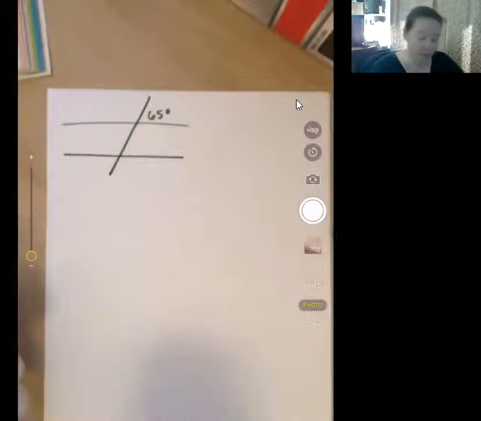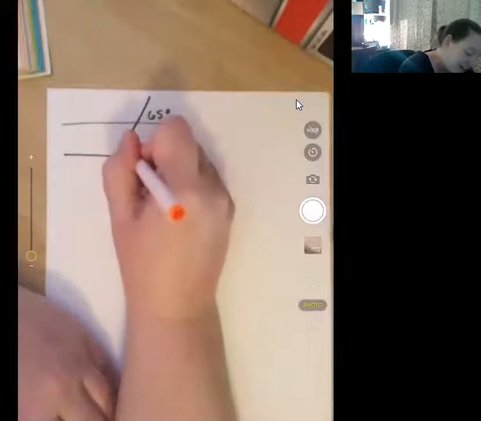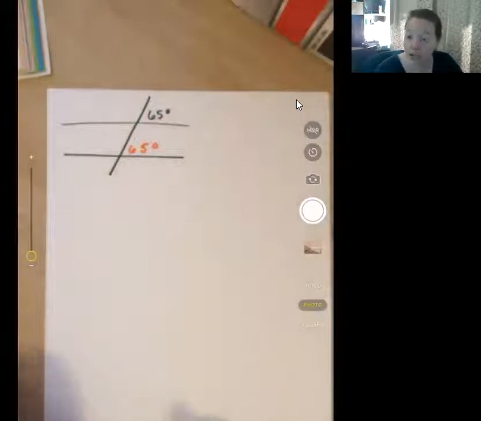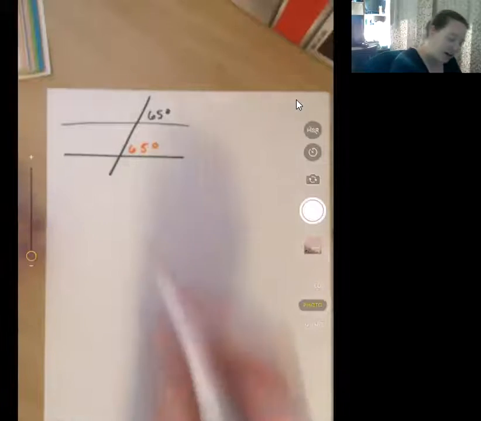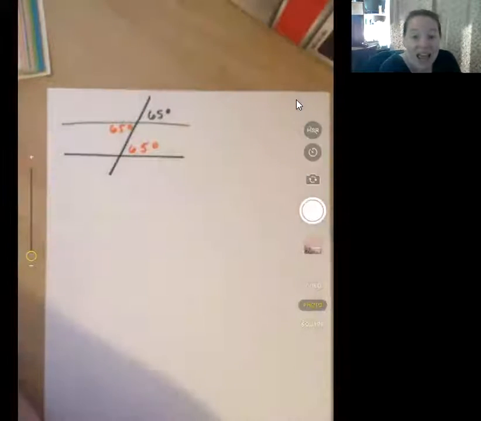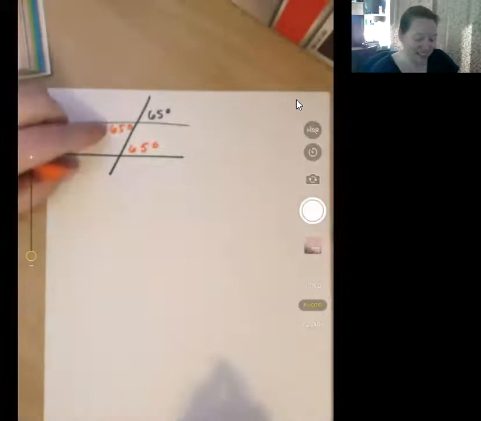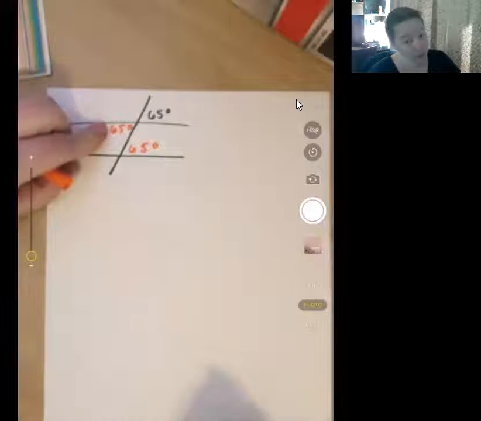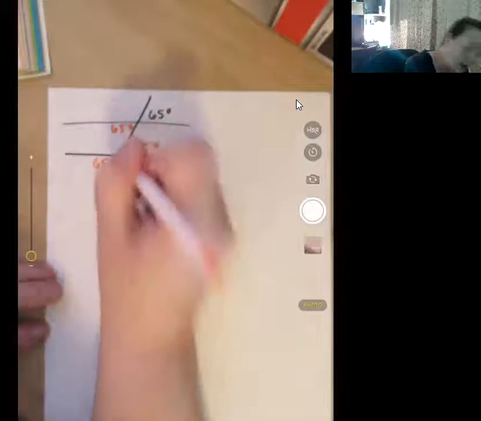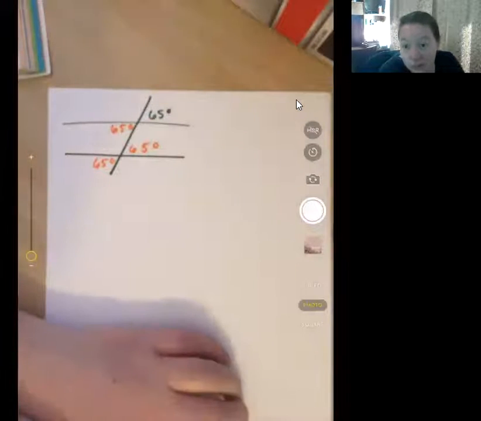I already know that that 65 is the same as this 65. Because of the alternate interior angles, I already know that this 65 is this 65. And then I can take this angle and go back to corresponding angles and say, oh, this is 65 as well.